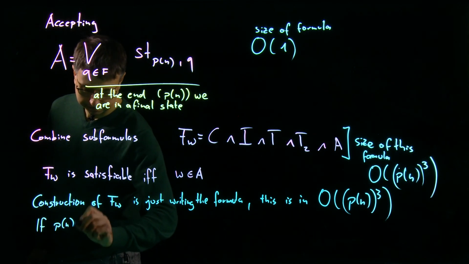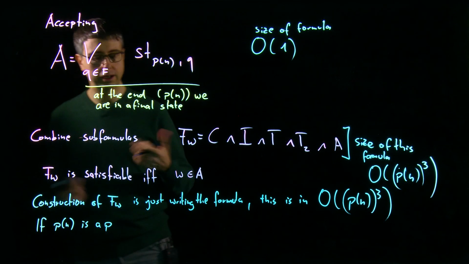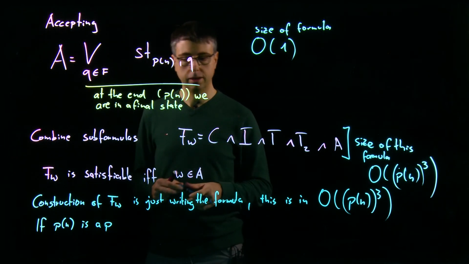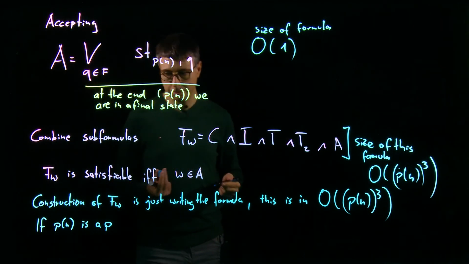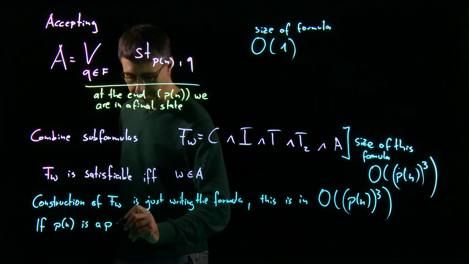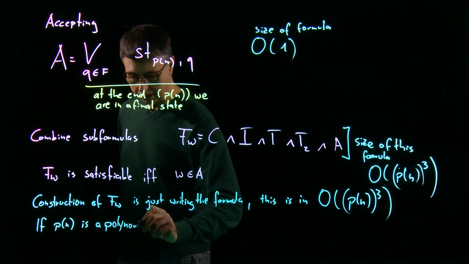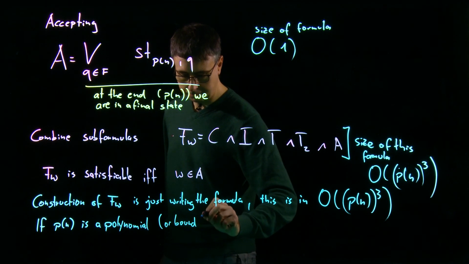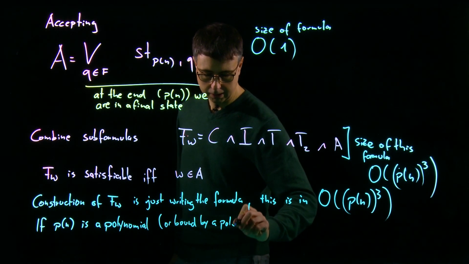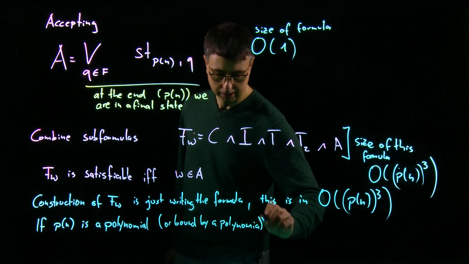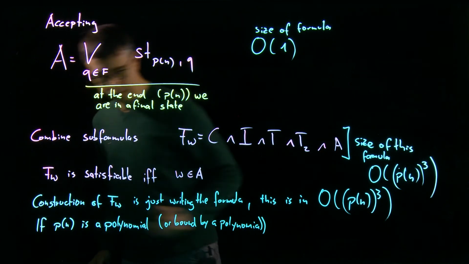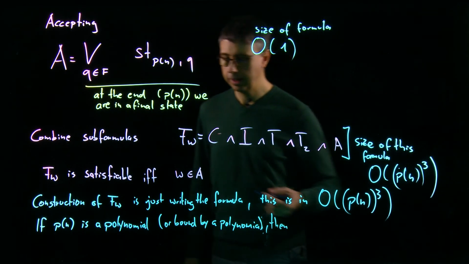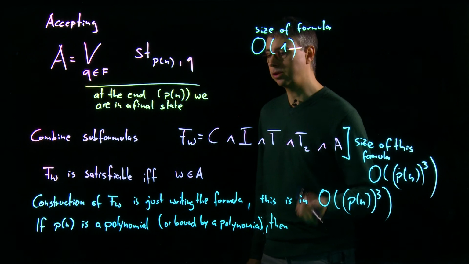If p of n is a polynomial, which was the initial assumption that the problem A is in NP, so there must be a Turing machine that accepts the word in polynomial time, so p of n must be a polynomial, or bound by a polynomial, then we know the reduction is also bound by a polynomial.